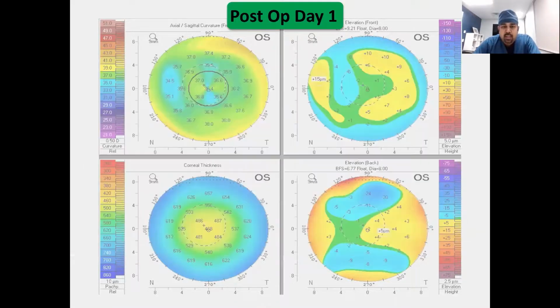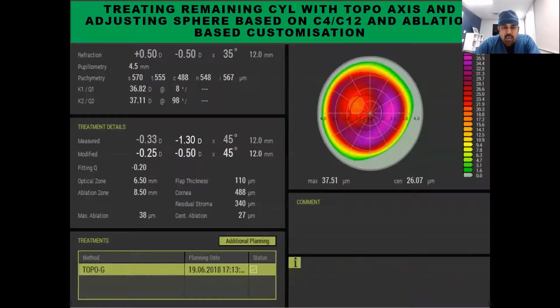Imagine in this scenario, if we had treated the entire minus 1.3 showing on his topographer, instead of just treating a minus 0.5, he would have been overcorrected for the cylinder, because 0.8 of this is already being treated by means of a zero correction, just with his aberrations being treated. A 0.8 is being taken care of. So we had to decrease the amount of coma that we need to treat, and just do a zero rule plus add on just the remaining cylinder, and treat the patient accordingly.